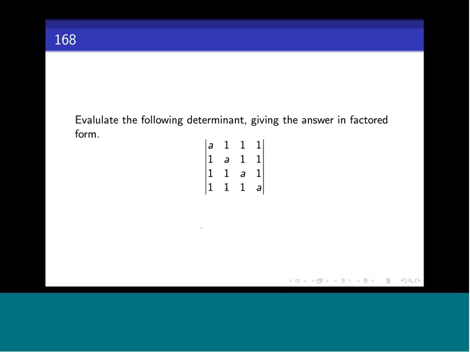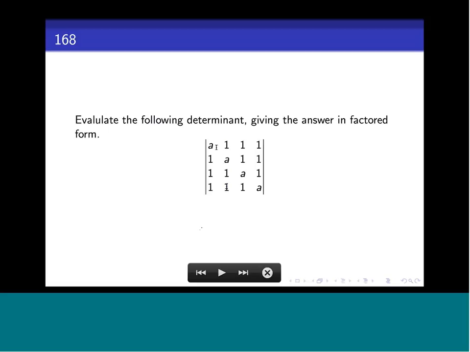Okay. What do you have, Andy? I have A plus 1 squared times A minus 1 squared. What do you have, William? I have A minus 1 cubed, A plus 3. See, Andy's is not exactly right.